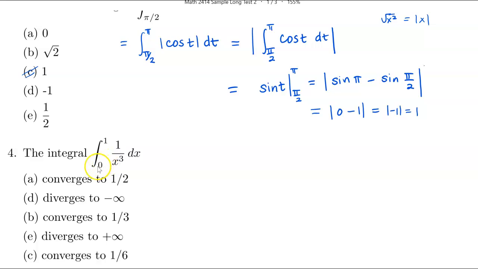For instance, if you plug in 0 here, you will have 1 over 0. That makes it undefined. If it's 1, you plug it into x, you have 1 cubed, that's 1, so it's fine. So this 0 here makes the expression undefined.